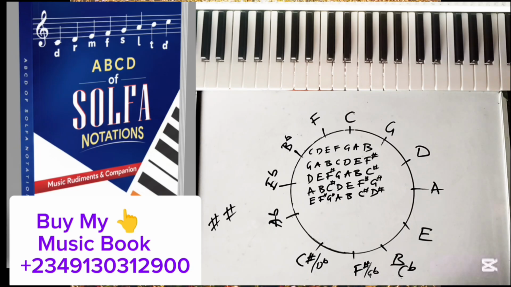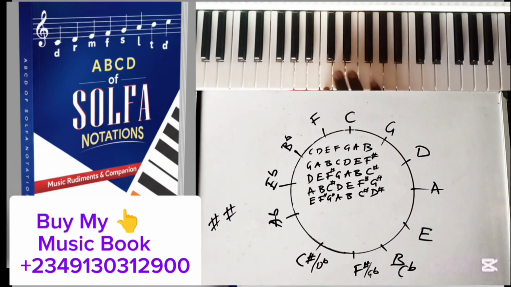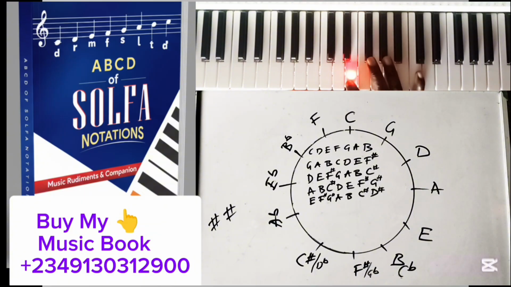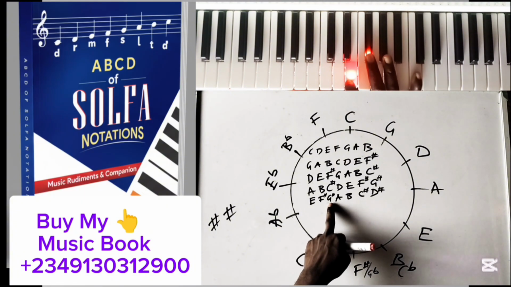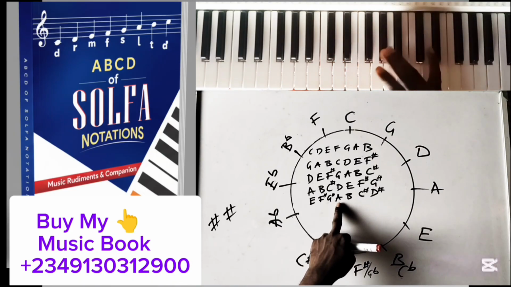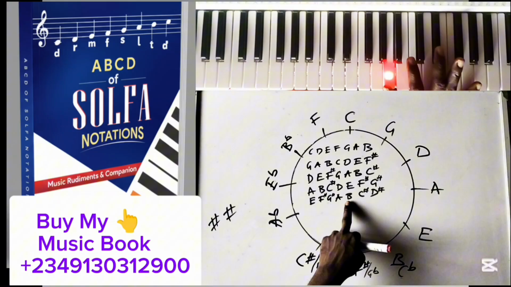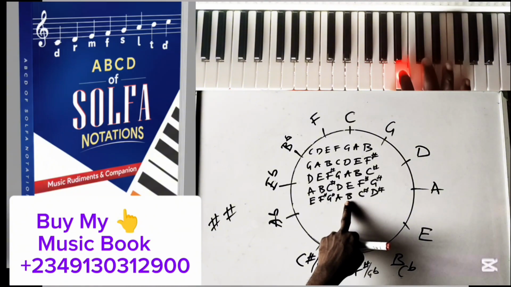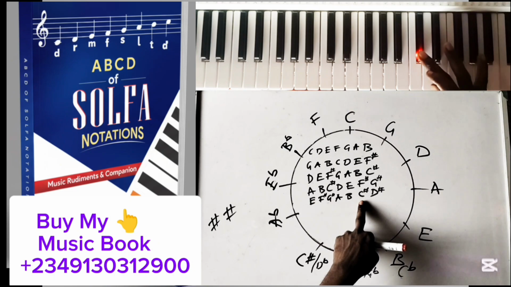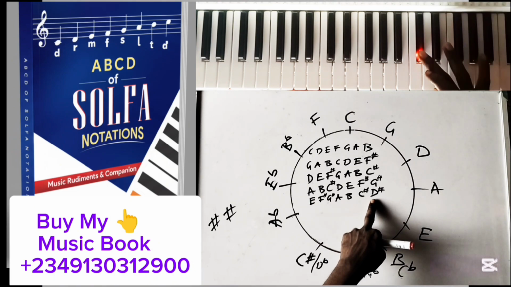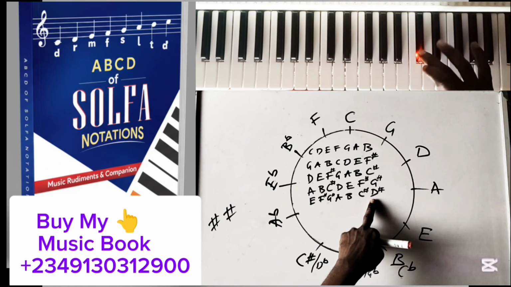If you play it, let's check on the piano whether it's true. Do, re, F sharp, G sharp, A, B, C sharp, then D, but it's not the normal D, it's D sharp.